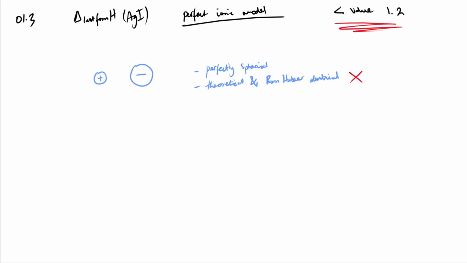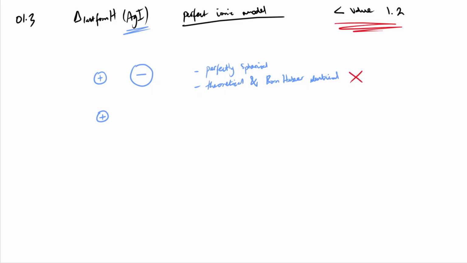So we have an ionic compound. This could be silver iodide, sodium chloride, whatever ionic compound you want, but we've got some sort of covalent action going on, but they call it covalent character, covalent activity, something like that. So what we're going to have here is exactly the same.